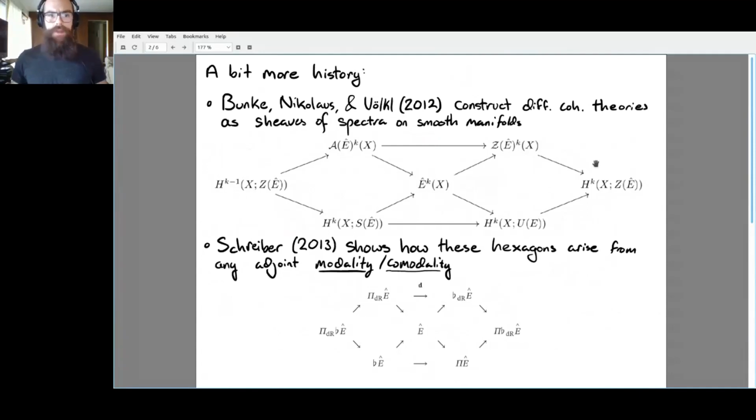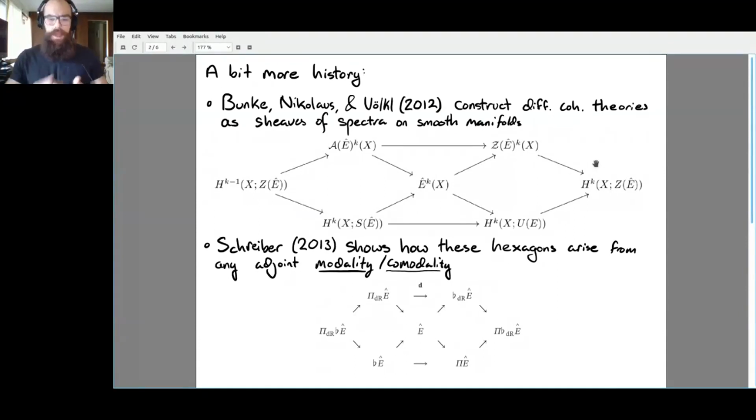And around the same time, Schreiber showed that these hexagons, which seem to be characteristic of the differential aspect of differential cohomology, in fact arise from any adjoint modality-comodality pair. And this is the diagram written down there in terms of the spectrum alone. So Schreiber shows that there's nothing actually fundamentally differential about differential cohomology.